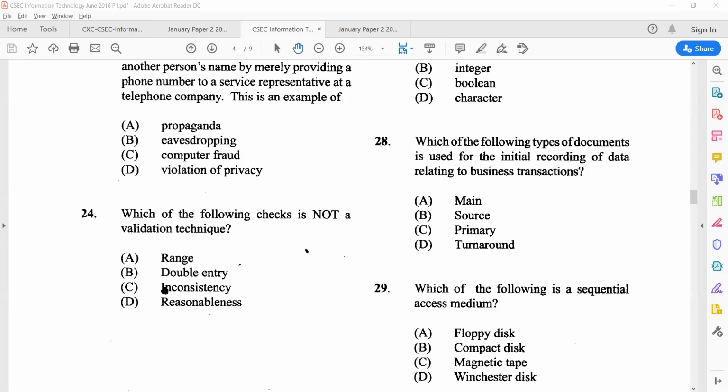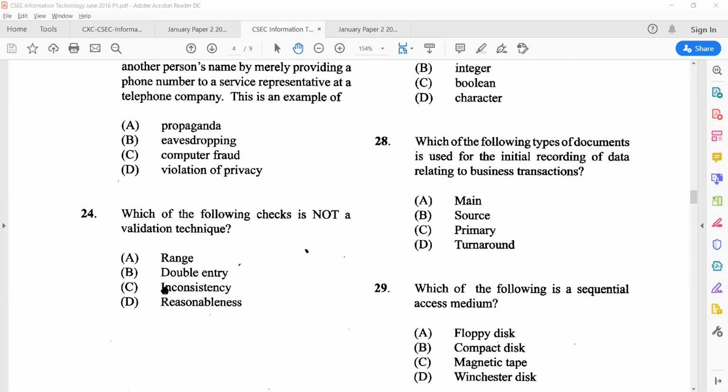Remember that a validation check does some sort of check of the data entered, or verifies the data entered is correct, before it is added to the system.